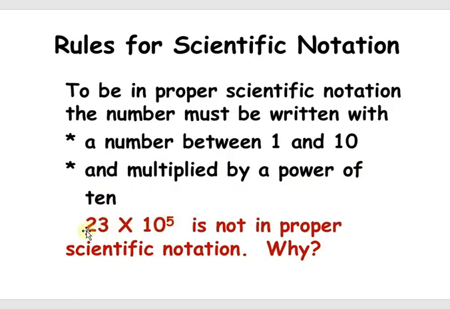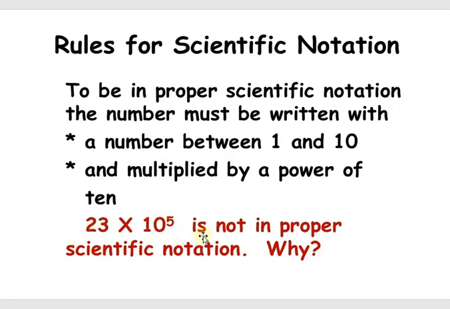Is this a proper scientific notation? No, it is not. What is wrong with it? According to the first point, the number must be between 1 and 10, and this number is larger than 10. So this is not a proper standard form. If we place the dot over there, then its power increases and it becomes a standard form.